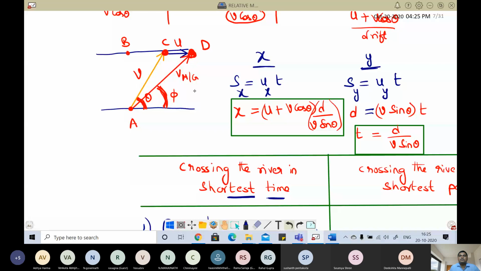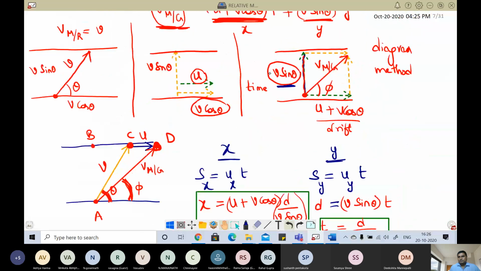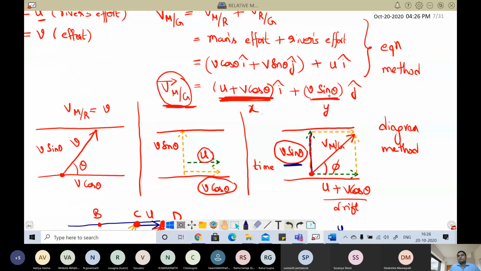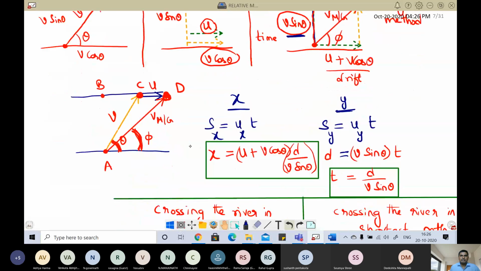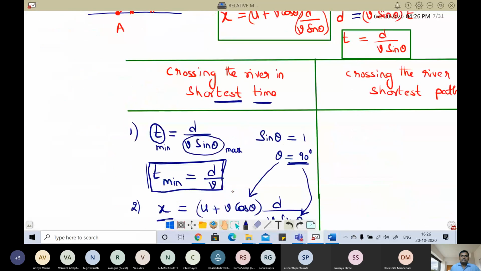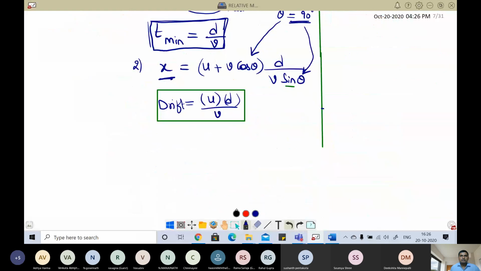That is nothing but the velocity of man with respect to ground, which is equal to u plus v cos theta i cap plus v sin theta j cap. Now you have to substitute theta: sin 90 is 1, cos 90 is 0.